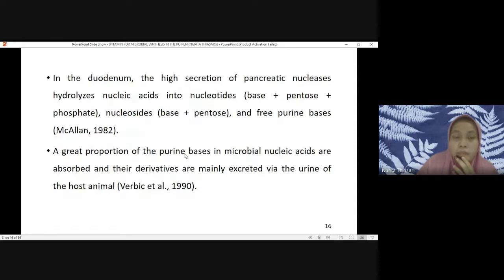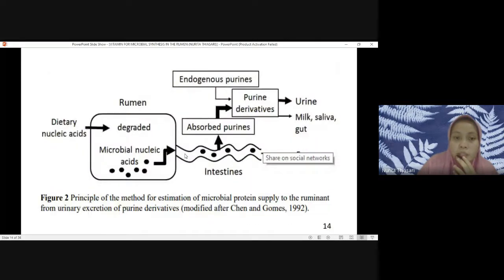As I mentioned before, if there is microbial synthesis in the rumen, it will go to the intestine, become purine or purine derivative, and it will be excreted in the urine. So I would like to show the purine derivative because, as I mentioned before, it is one of the measurements for microbial protein synthesis in the rumen.